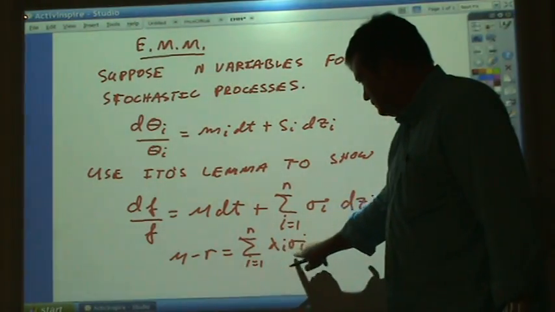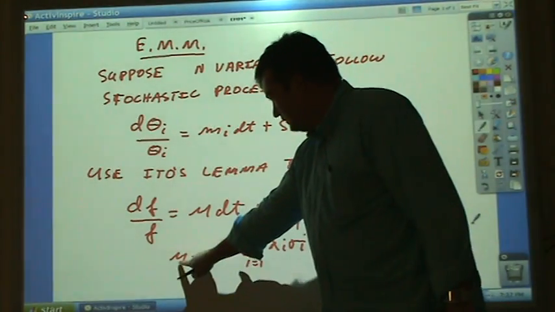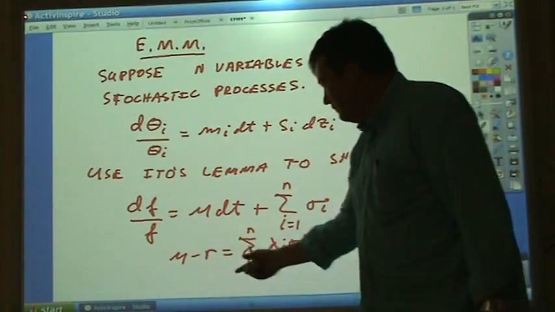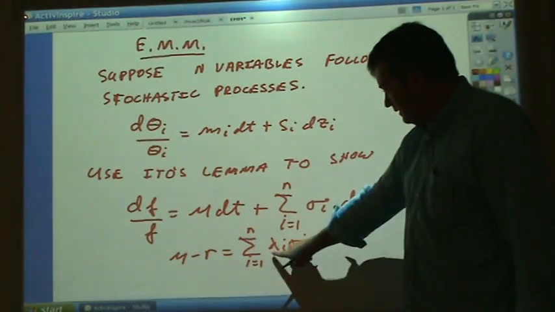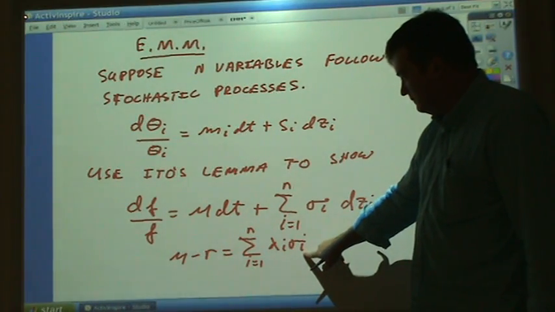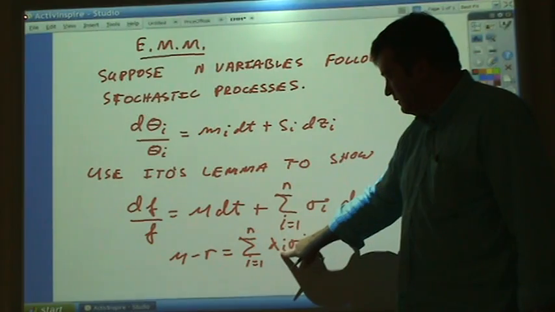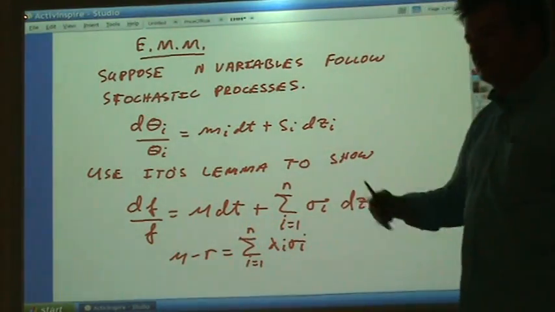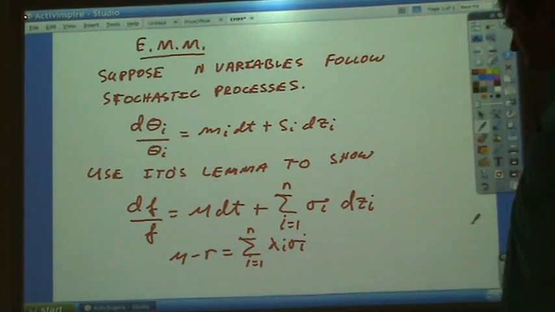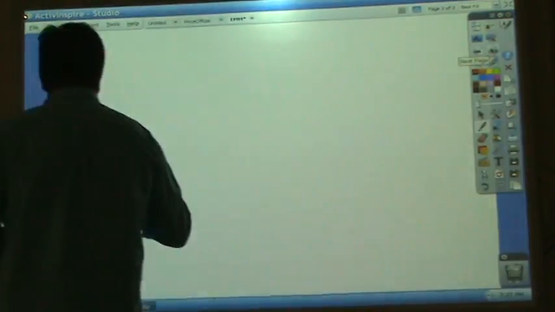So this is how much we want above the interest rate, equal to all the lambda i's times the sigma i's. So if the lambda i's, like we had the example last class, were all zeros, then mu would equal R. The expected return would be the same as the interest rate.